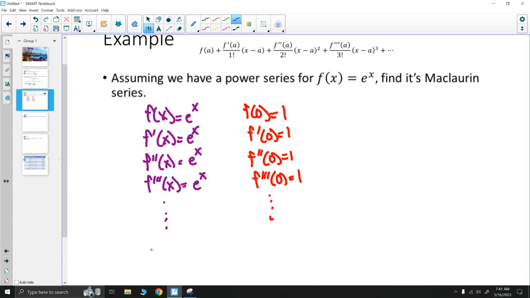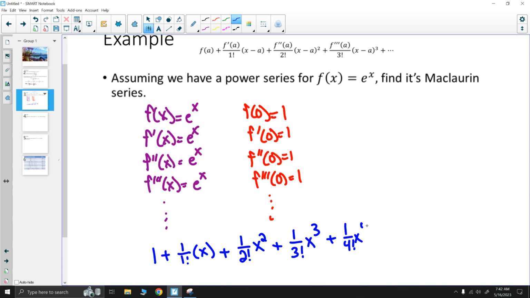Our first term is f of 0, which is 1, plus f prime of 0, which is 1 over 1 factorial, times x minus 0, so that's just times x, plus f double prime of 0, which is 1 over 2 factorial, x squared, plus the third derivative at 0, which is 1 over 3 factorial, x cubed, plus 1 over 4 factorial, x to the fourth, plus 1 over 5 factorial, x to the fifth, and so on and so forth. I think we can see that pattern.